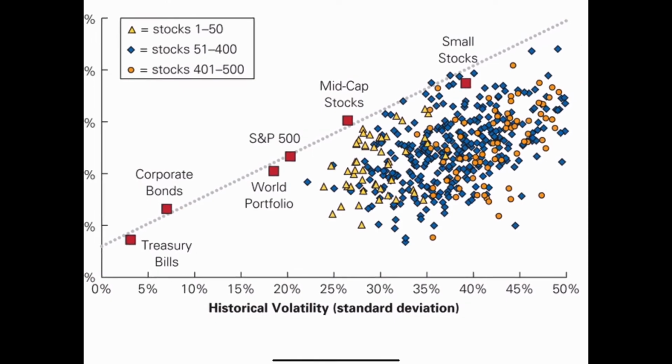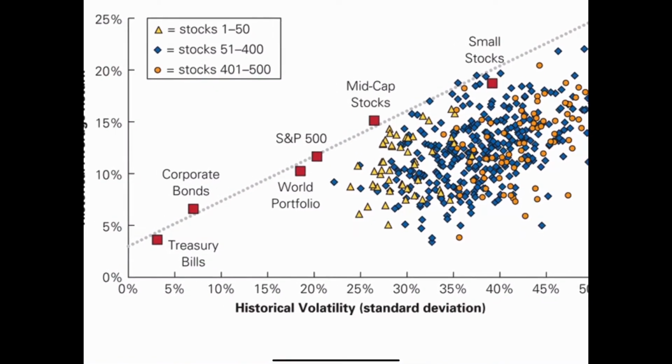This company had, on average, about 27 or 28% standard deviation in the sample, and about 5% return on average, right? Can you find someone who has the same volatility but higher return? Oh yeah.